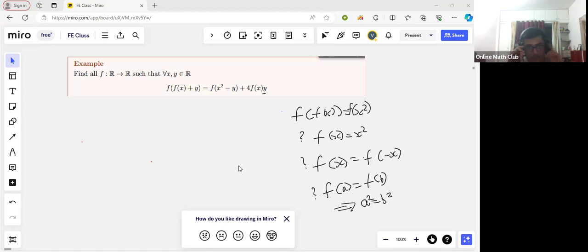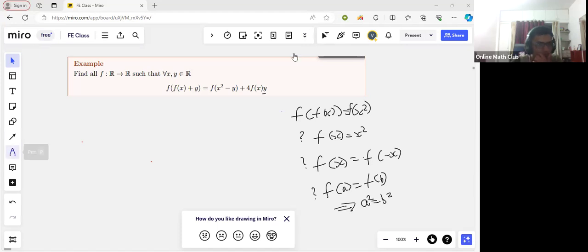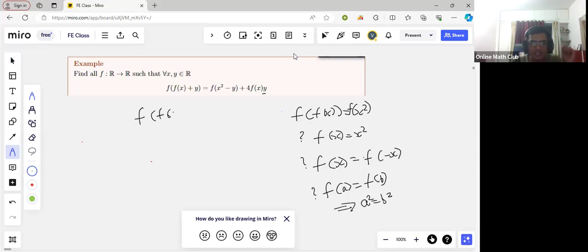So suppose you want to make this expression simpler. You want to remove some terms. What do you think you can do over here to eliminate some terms from this expression? Put y equals x squared. Okay, so we'll get some expression like this, but this doesn't seem to help directly.